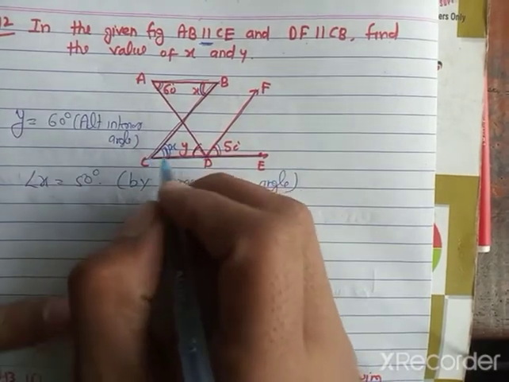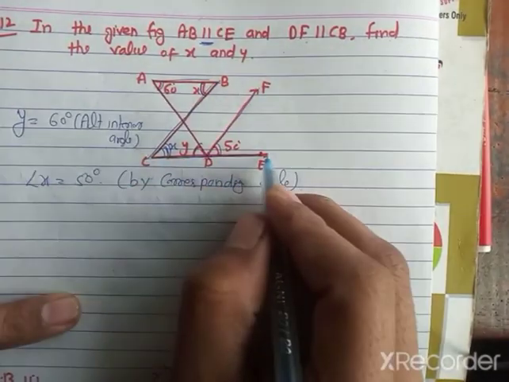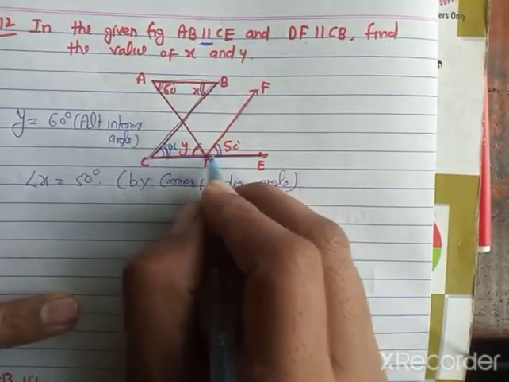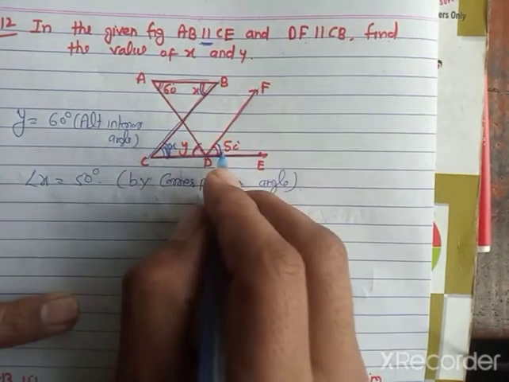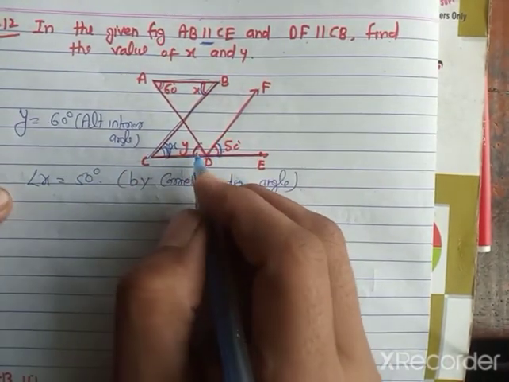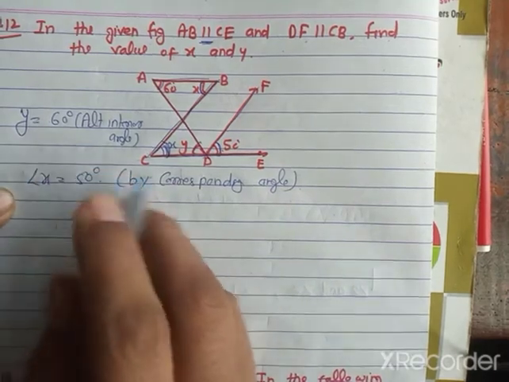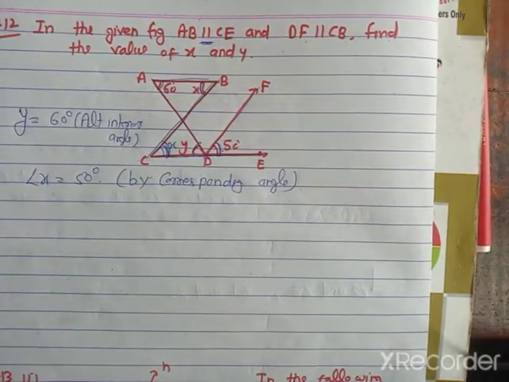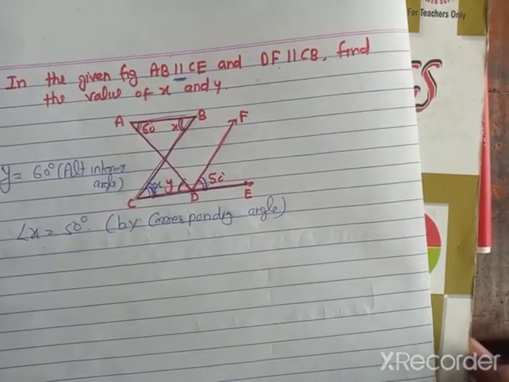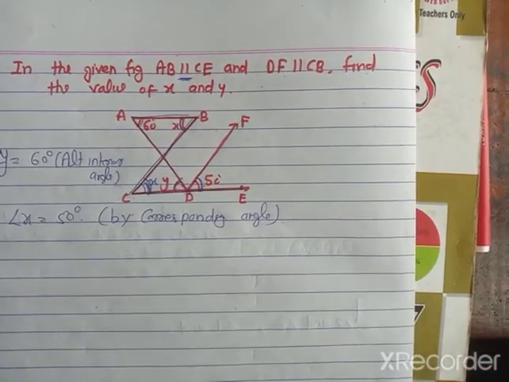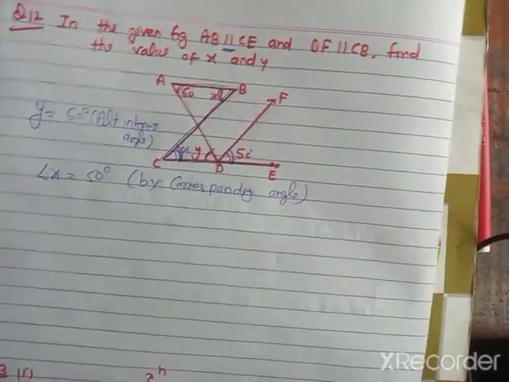If two lines are parallel and a third line intersects them, it forms corresponding angles. Angle X is equal to 50 degrees and angle Y is equal to 60 degrees. This is the answer.